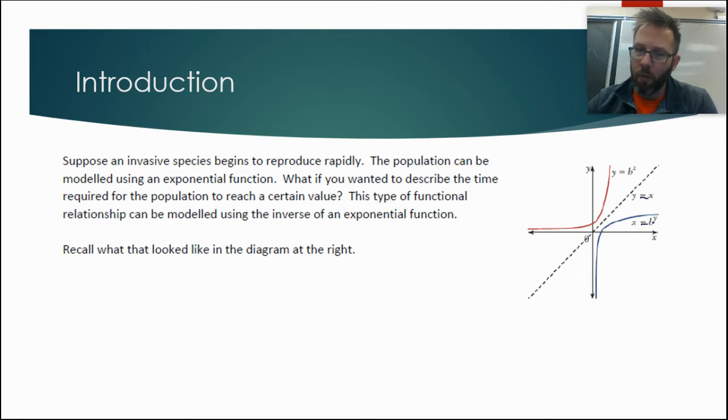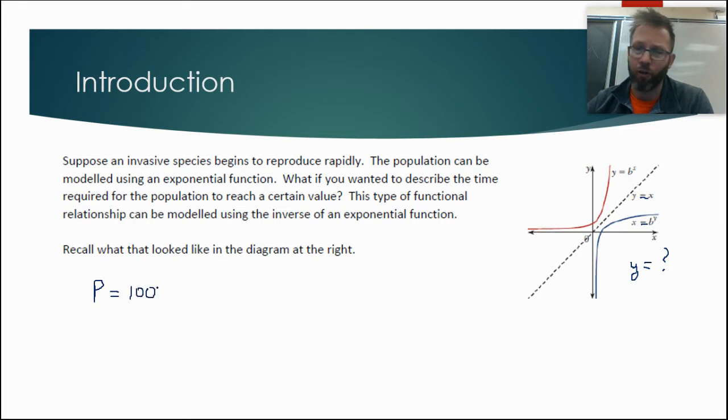But what we don't know is how we can describe that function. If y equals b to the x is an exponential function, the inverse is just swapping x and y: x equals b to the y. But how can you write that with the y by itself, like y equals? The introduction mentions maybe you have a population that's growing.